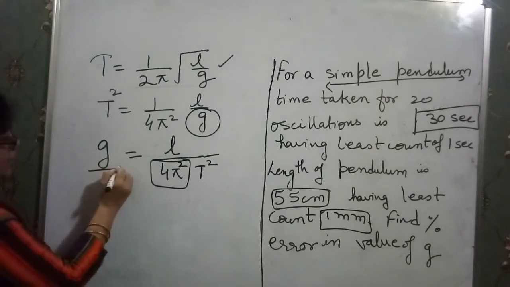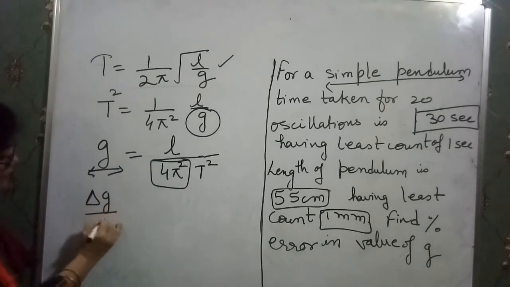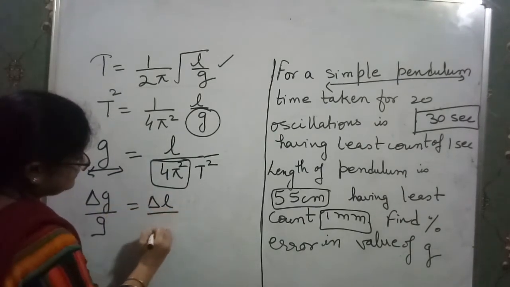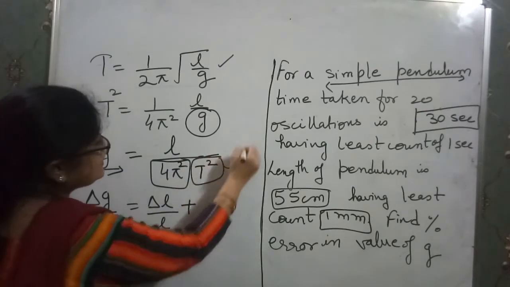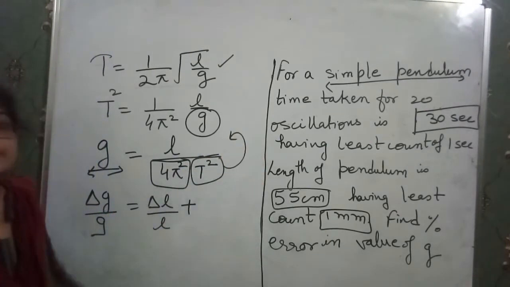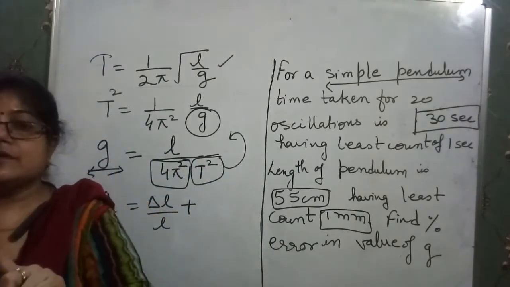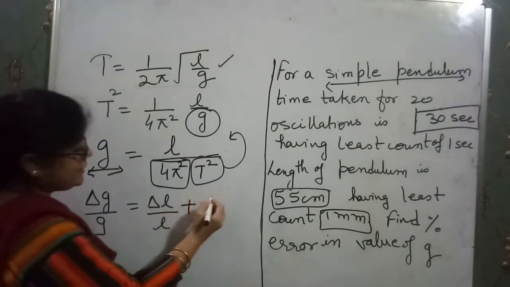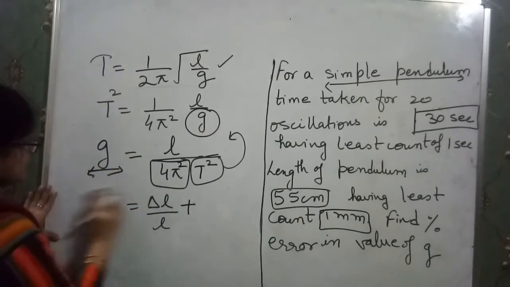So when we have to find the percentage error, we have delta g over g is equal to delta L over L. T is in the denominator, so when it comes in the numerator, it becomes minus 2. But in percentage error, we don't subtract anything. We always add everything.